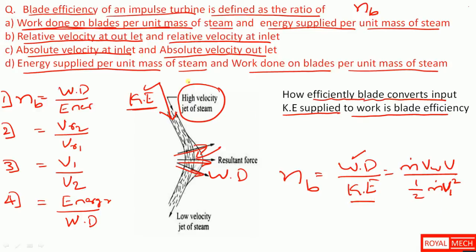So this is the work done on blades per unit mass and energy supplied, that is kinetic energy supplied per unit mass of steam. So therefore option A is the correct option.